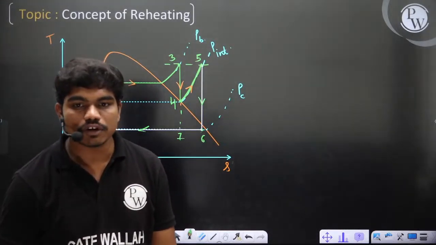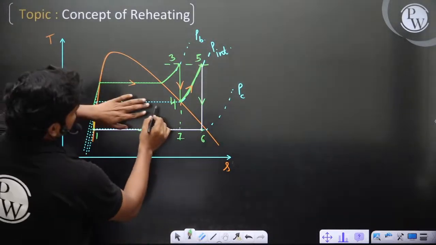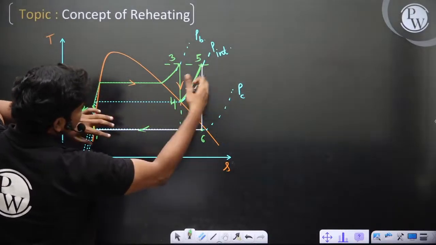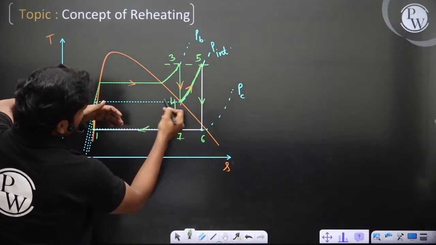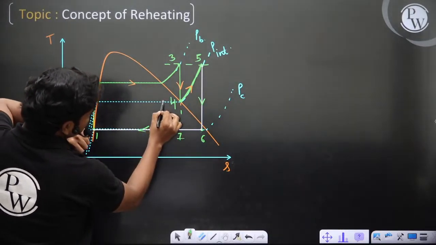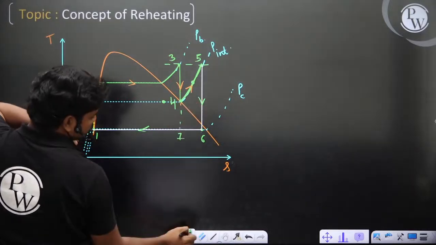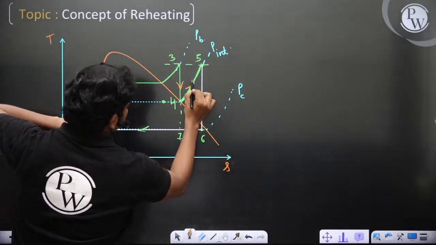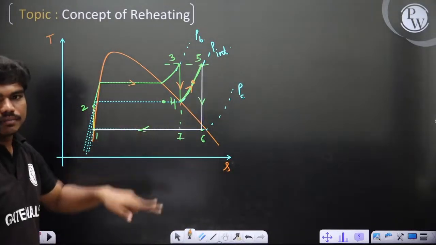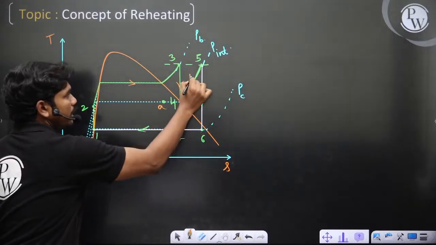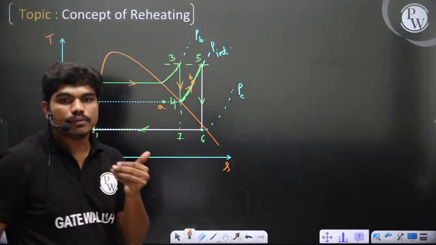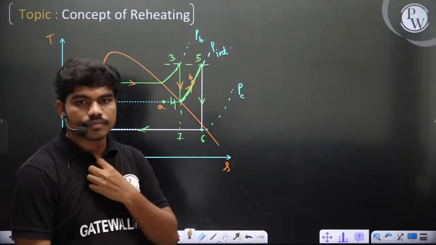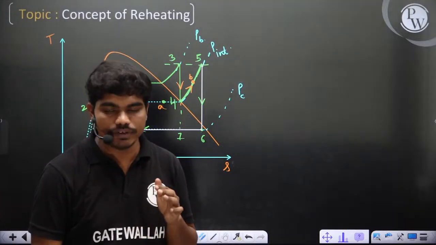So, specific volume, if you did not understand, I'll tell you. If you take any system, any liquid in general, and you start heating, and you take specific volume at this point A and at this point B, at which point will specific volume be high?